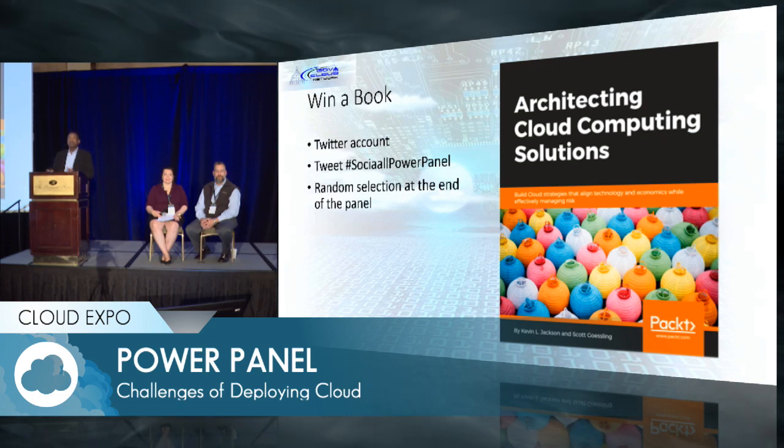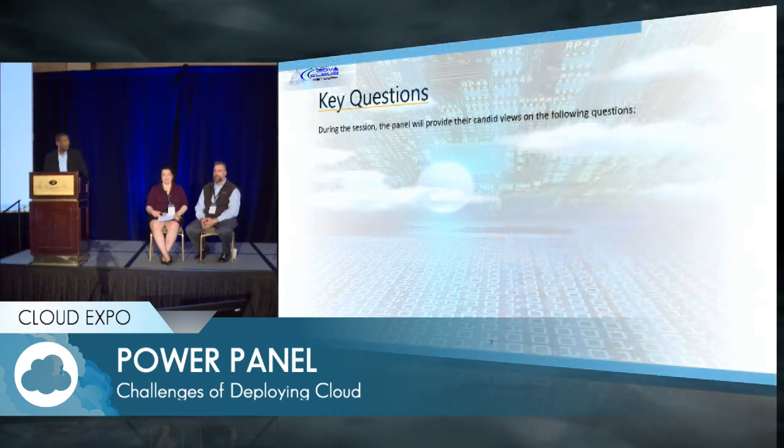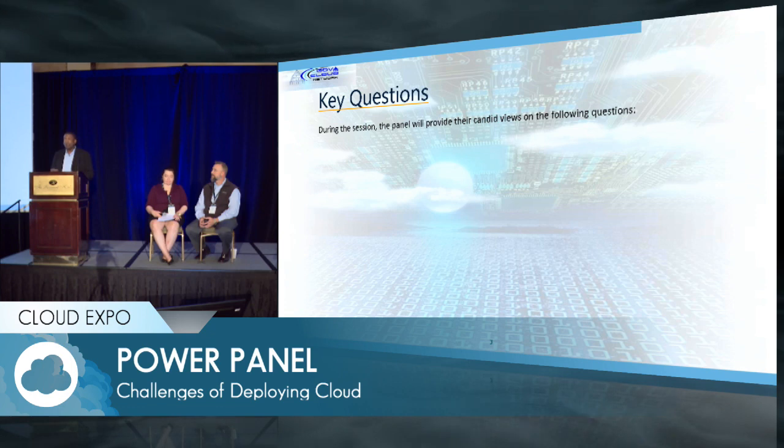Great. So, how we're going to run this is we really want to talk about the real issues when it comes to deploying cloud solutions and architecting cloud solutions. To do that, we're going to provide our candid views on the issues that organizations are running into as they go into the cloud. We're going to do this via a series of questions.